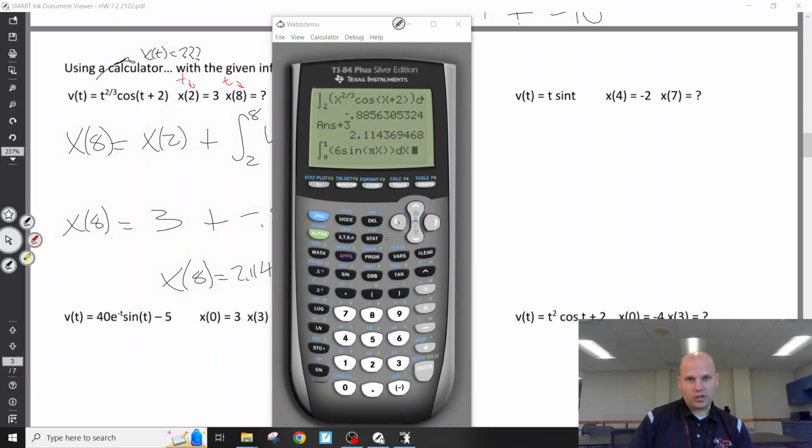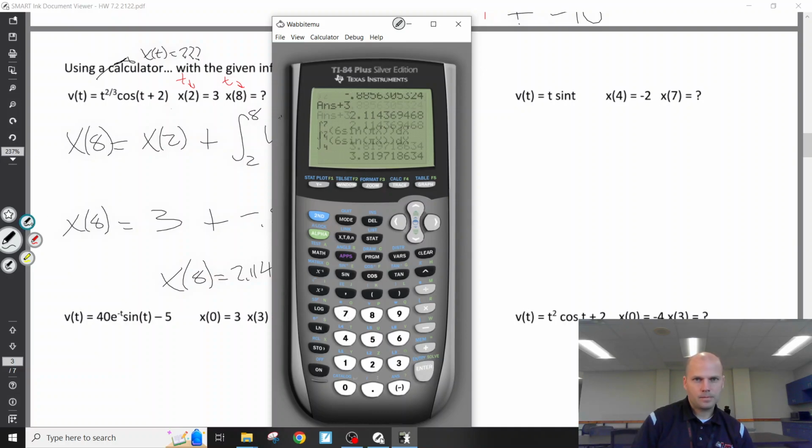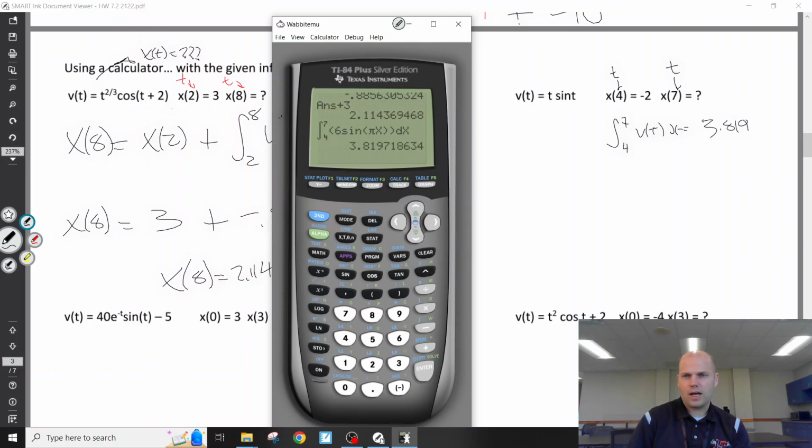We could have done this earlier in the homework. From 4 to 7, 3.819. So this is 4 to 7. Why is it 4 to 7? That's a time, and that's a time. From 4 to 7, this area under my velocity is positive 3.819.